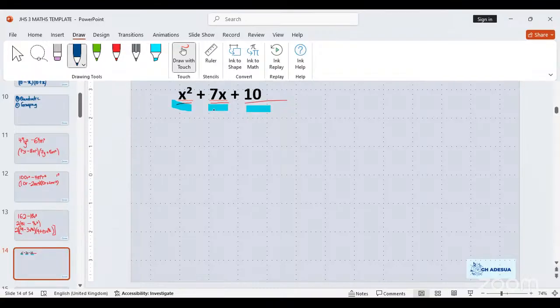You look for two numbers which, when added, will give you the middle number, that is 7x, and when multiplied, will give you the last number, that is 10. So if we have 2 and 5, 2 plus 5 is 7, and 2 times 5 is 10, which is absolutely correct.